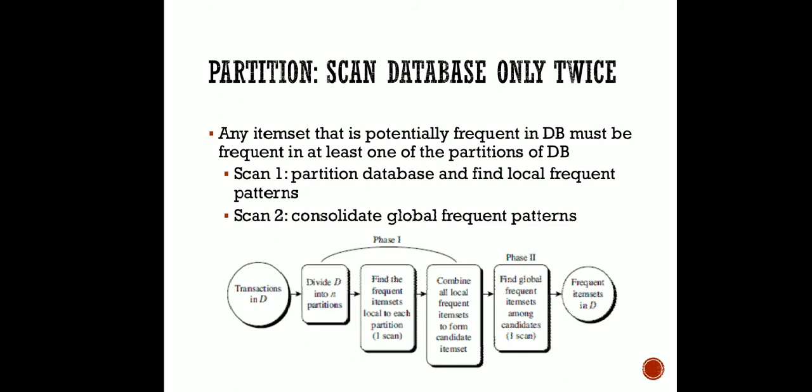Now say we were talking of a large database, we were talking of a large number of candidates. Now see, this is a very beautiful technique. What we are doing, we are partitioning the database into n partitions. You can set n as per your requirement. You can see the flow chart there. In the transaction database D, we are feeding it to different n partitions, and we are dividing the total D set into n partitions.